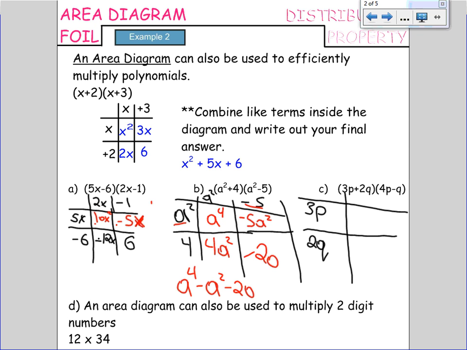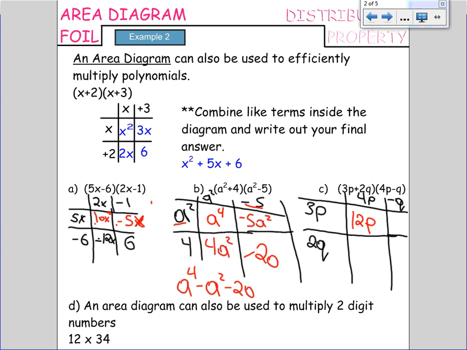On the top, what do we put, Gabby? Q, you got it. First box. That's an easy one. 3p times 4p is 12p squared. The 12 comes from the 4 times the 3. The p squared comes from the p times the p.